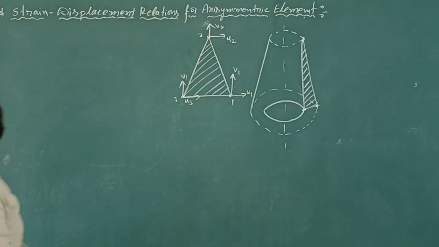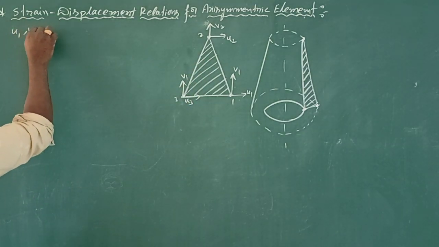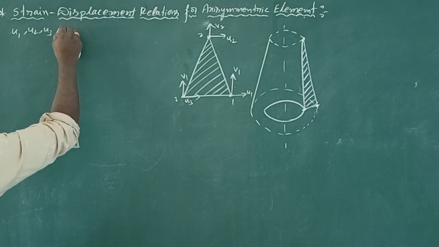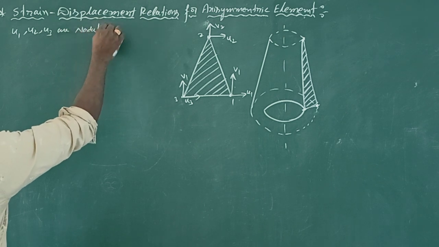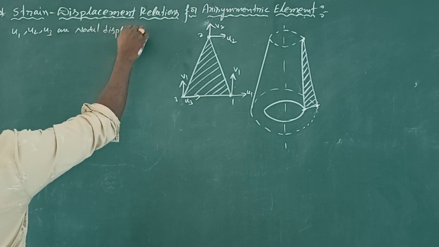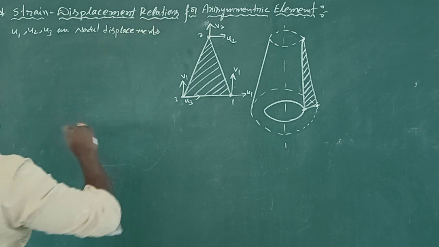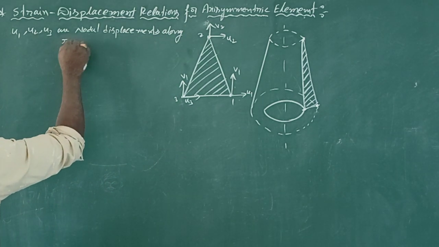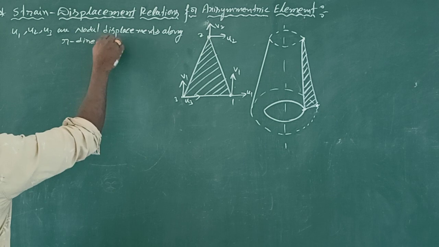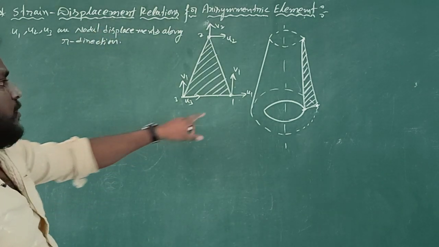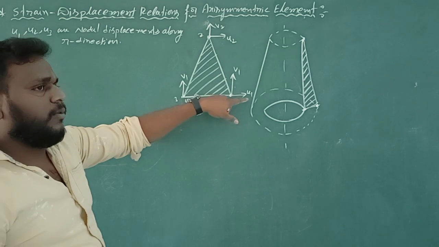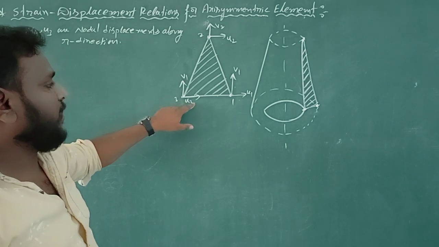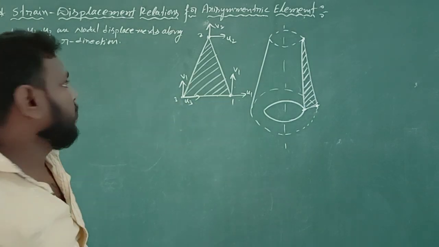So U1, U2, U3 are nodal displacements along the r direction: U1 at node 1, U2 at node 2, U3 at node 3.